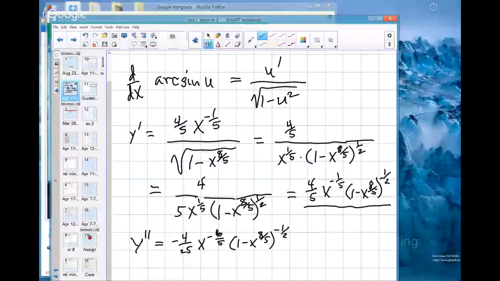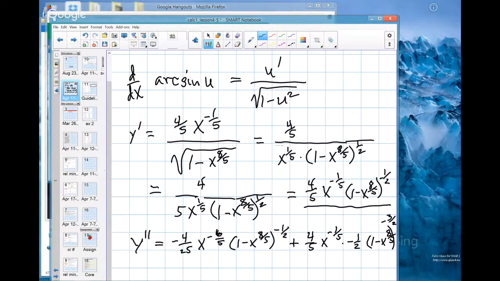Plus the first times the derivative of the second. Negative 1/2 times 1 minus x to the 8/5, to the negative halves.